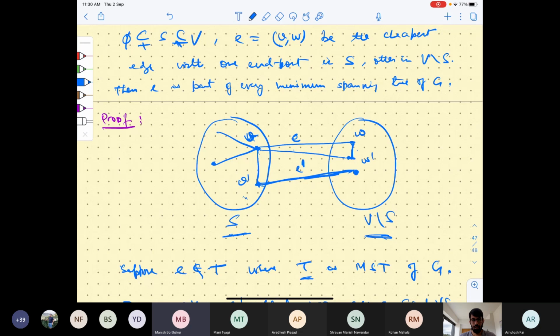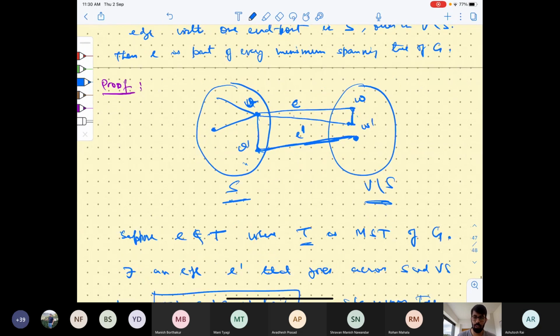E prime has to connect the whole tree, so adding E prime should connect S to W. Exactly. So it should connect S to W. Yes, that is the point.